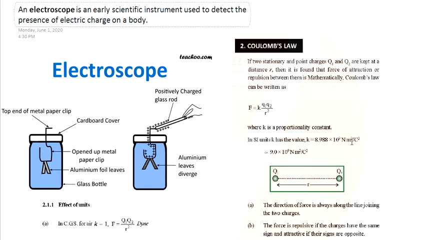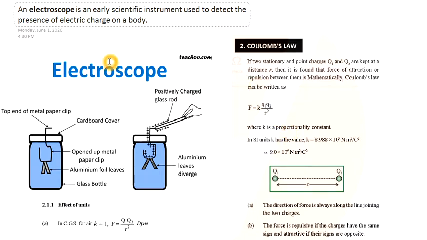Now see this unit. This unit is very important. We know that the unit of force is Newton, and the unit of charge is Coulomb.